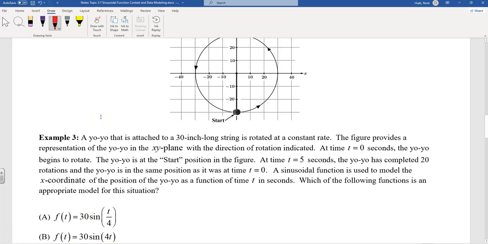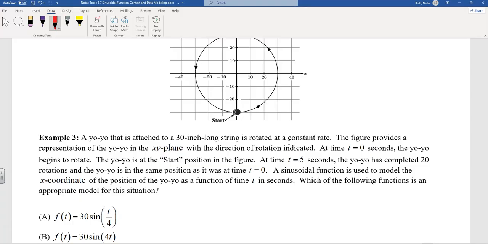So a yo-yo is attached to a 30-inch long string and is rotated at a constant rate. The figure provides a representation of the yo-yo in the XY plane, with the direction of rotation indicated. At time t equals 0, the yo-yo begins to rotate. The yo-yo is at the start position in the figure.